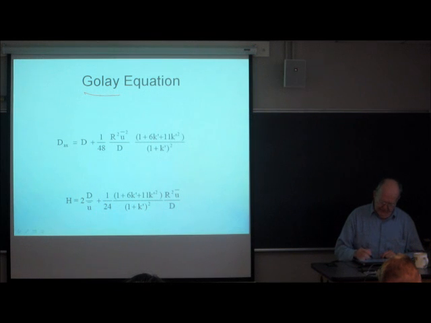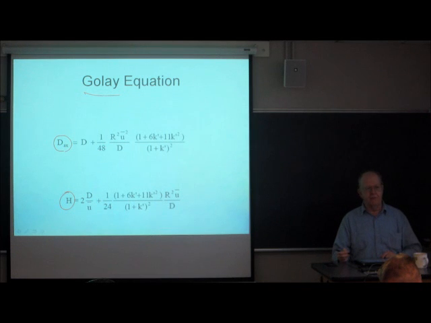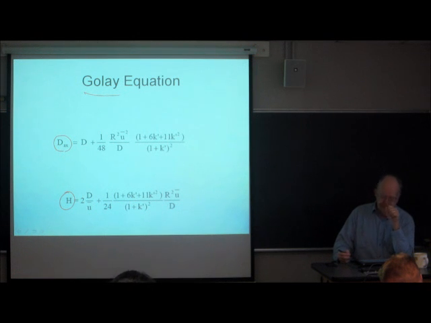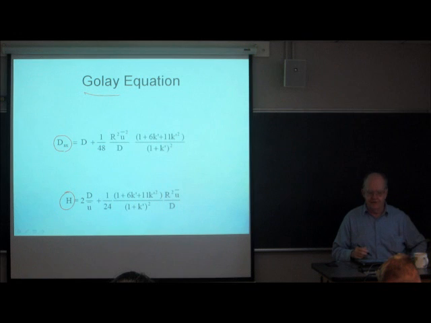Hence, we have these dependencies on the retention factor, and we can then convert this dispersion coefficient into an HETP. So this final equation here is really what we're headed towards. So the idea is we want to understand where this equation comes from, and we will then understand broadening.